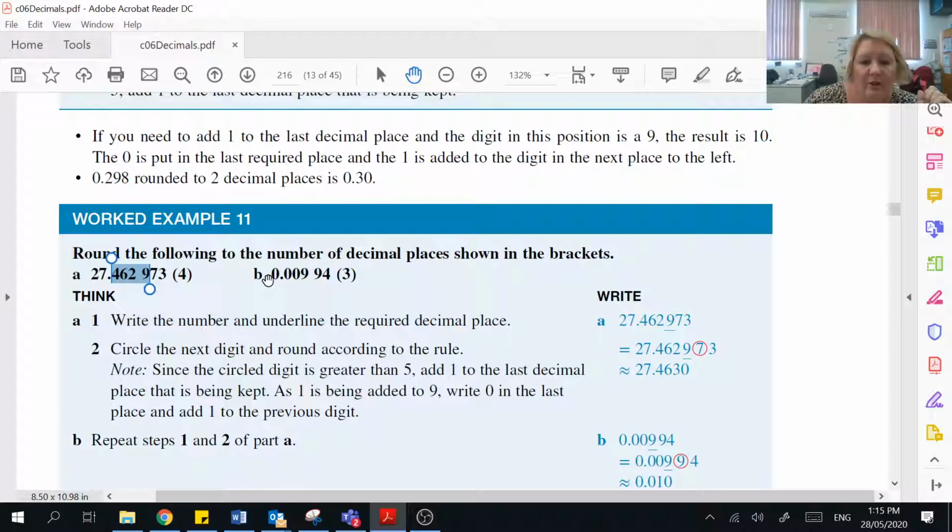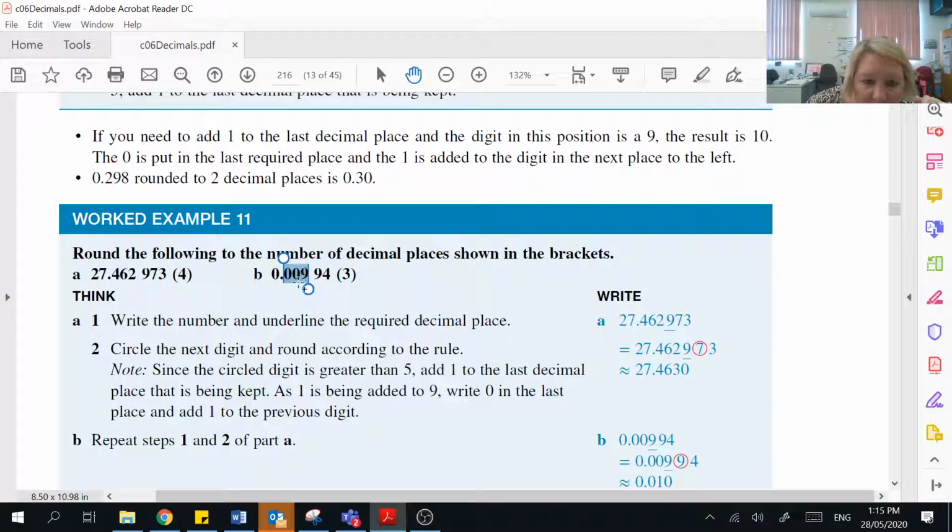The next question here asks us to go to 3 decimal places. So 1, 2, 3. Okay, 3 decimal places. Now let's look at that 4th number. Is that 5 or above? Very much so. It's number 9. So that number 9 is going to add 1 and change into a 10. Now if we had 99, we would know that becomes 100.